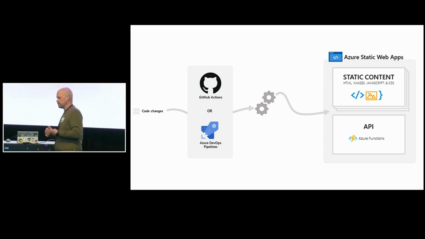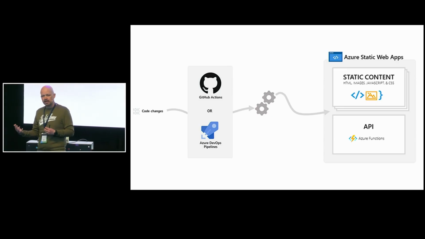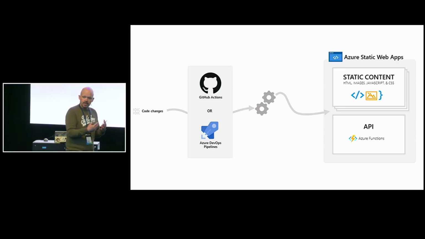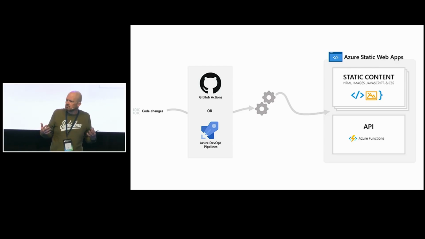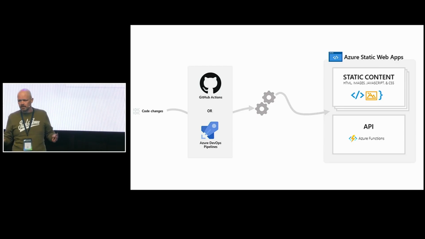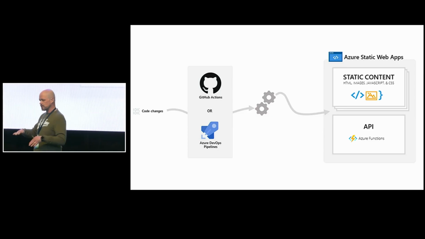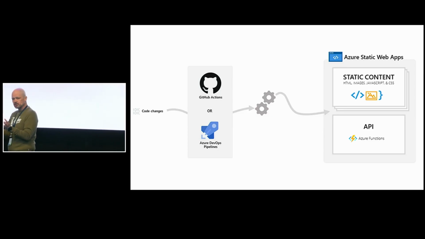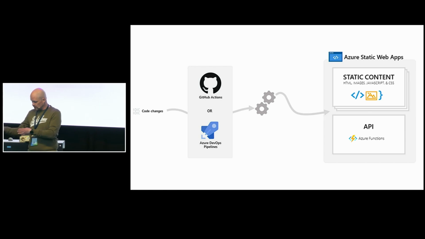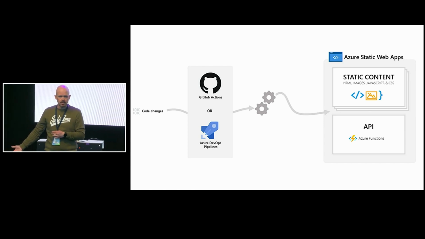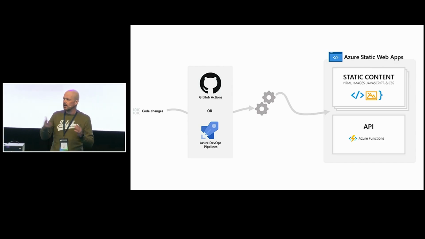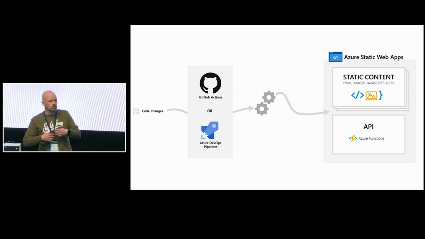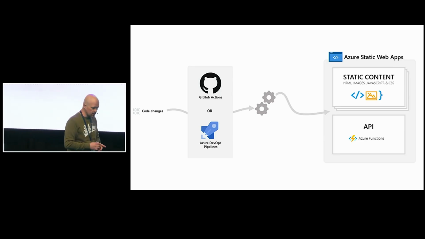If you want to have more control over what happens in your backend, if you want to host it in your own Azure Functions environment, or maybe even just on a static web app, or maybe you even have an API that's built somewhere in a virtual machine, there's options for that as well, because the API connected to your static web app will by default be a managed Azure Functions environment, but you can bring your own Azure Functions. You can say, just point me at this app service, or you can even point towards API Management, which opens up the floor to any and all different types of hosting of an API anywhere.